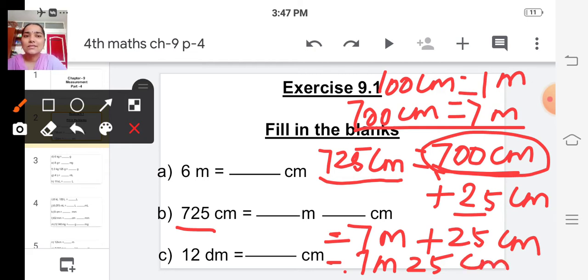So the answer is 7 meter and 25 centimeter.